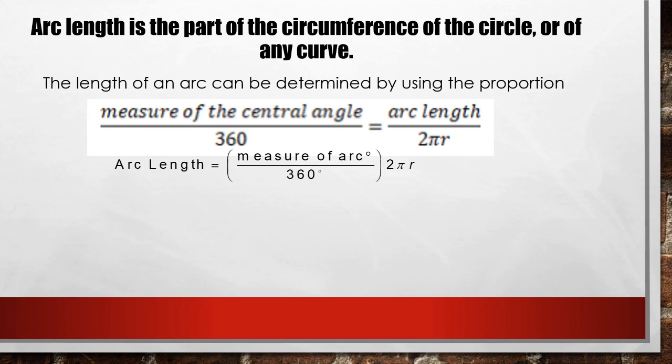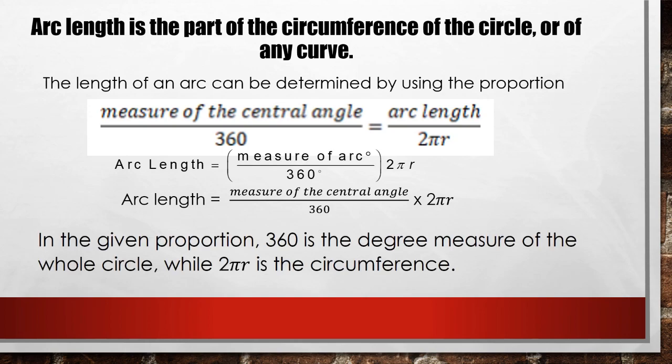Alam naman natin na, di ba, yung lesson natin dati, the measure of the central angle is equal to the measure of each intercepted arc. So, pwede rin natin gamitin yung formula arc length is equal to the measure of the central angle over 360 times 2 pi r.